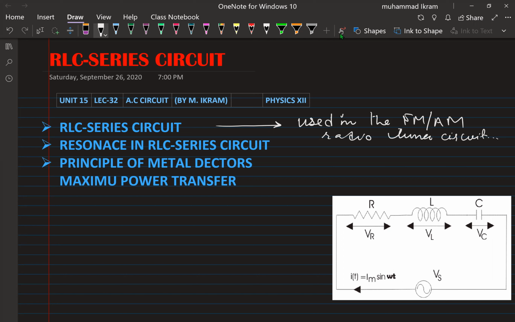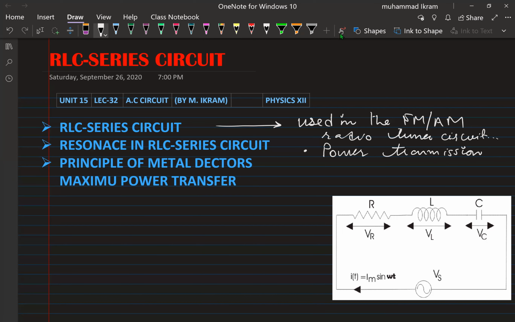Similarly, such circuits are good to maintain good voltage in long and medium distance power transmission, so they can be used to transmit power.